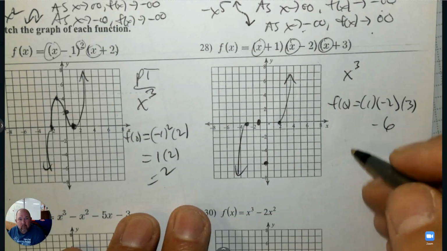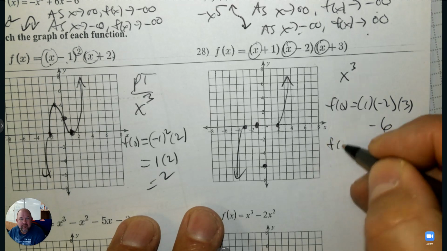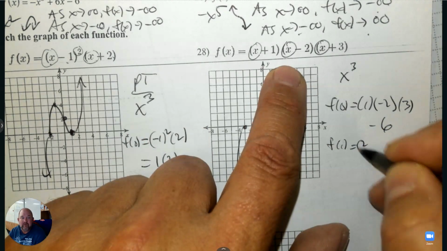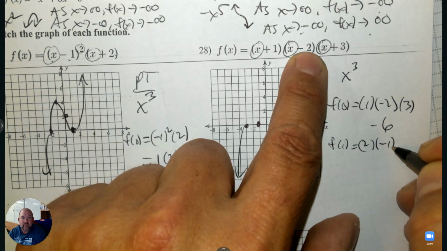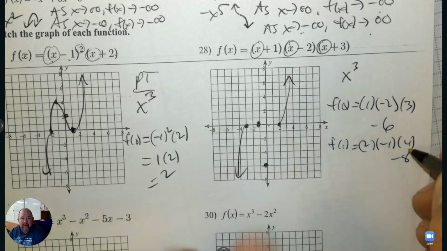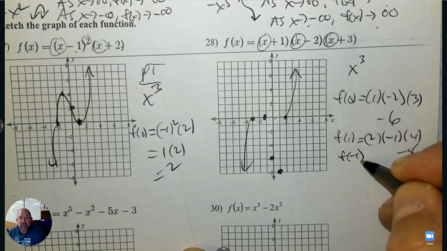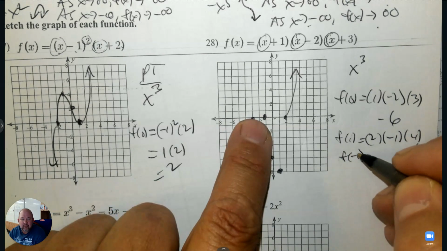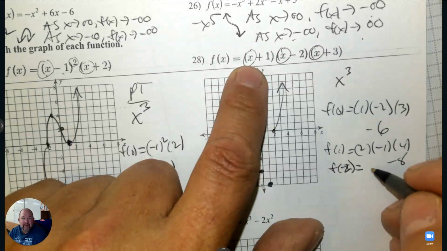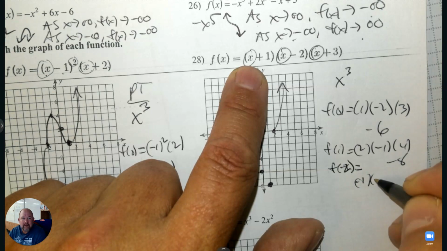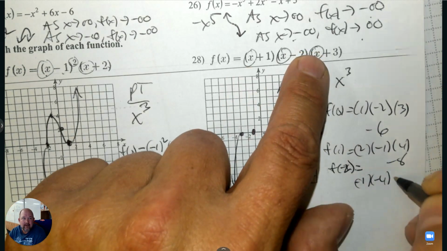If I use 1, what would 1 give me? So 1 plus 1 is 2. 1 take away 2. 1 plus 3, that's negative 8. So that's down here. And if I put in negative 1, is that right? Negative 2. I get negative 1, negative 4, and negative 1.